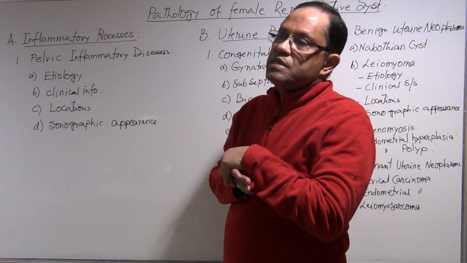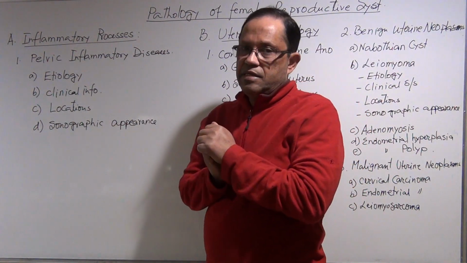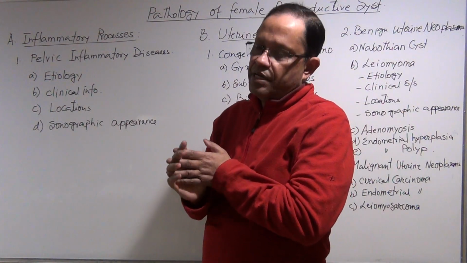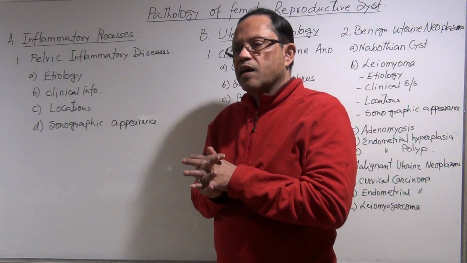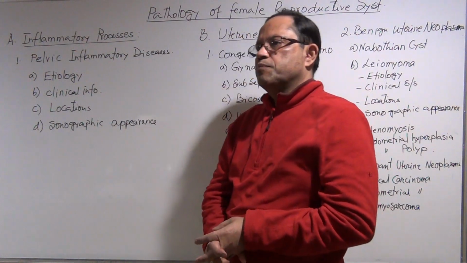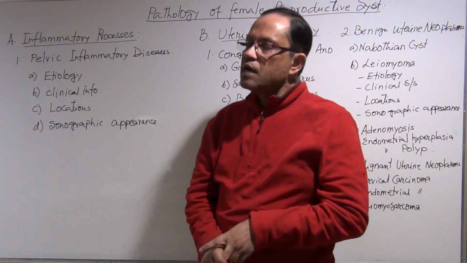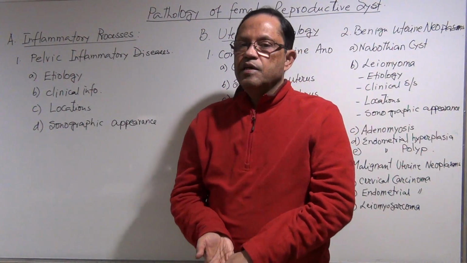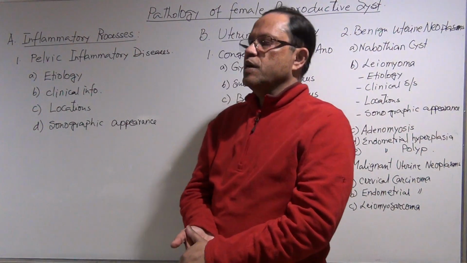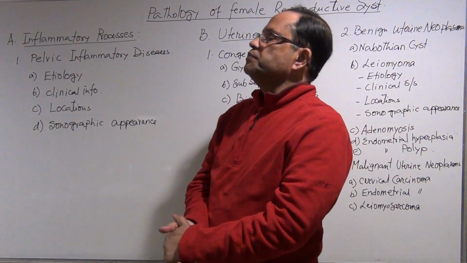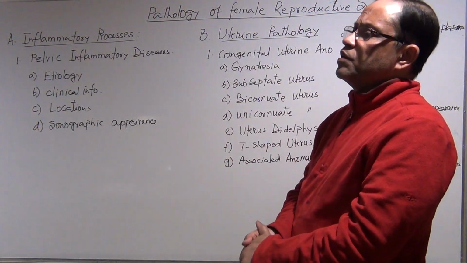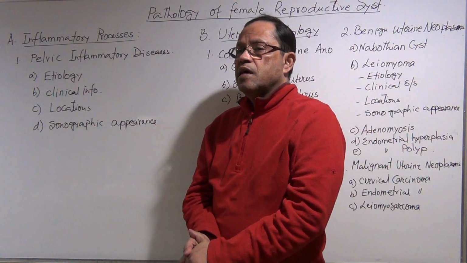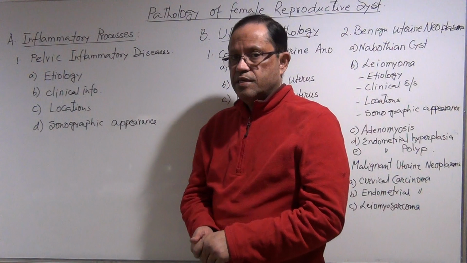Some pathologies are inflammatory due to infection, and that infection can be bacterial, viral, fungal, parasitic, and a couple of other organisms, spirochetes for syphilis, you know that. Some pathologies are cystic, some pathologies are solid.